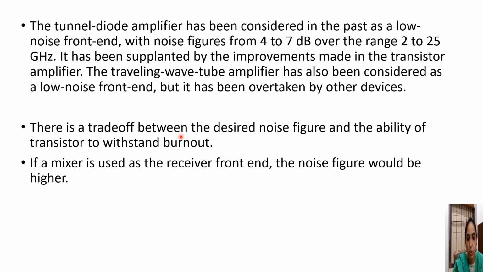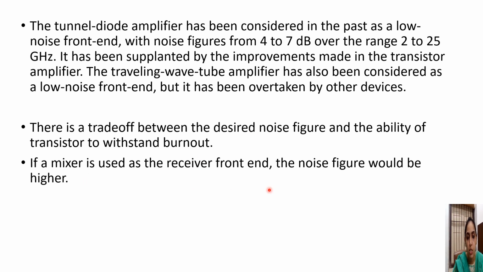And there is a trade-off between the desired noise figure and the ability of the transistor to withstand burnout. So while designing the receiver, one important factor to consider is the noise figure and the ability of the device to withstand burnout, that is, if any reflection occurs from the transmitter side.